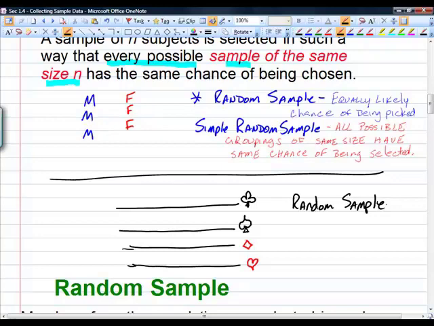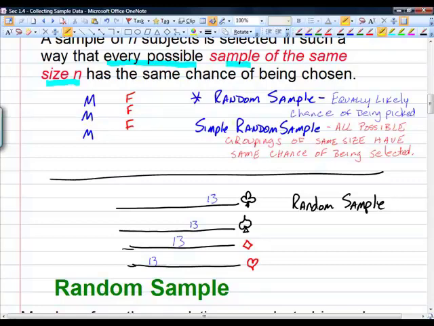But for a simple random sample, let's say that there's 13 people on the row. Not every group of size 13 has the same chance of being selected. So only these 13 people will all be selected together, or these 13 people, or these 13 people, or these 13 people.